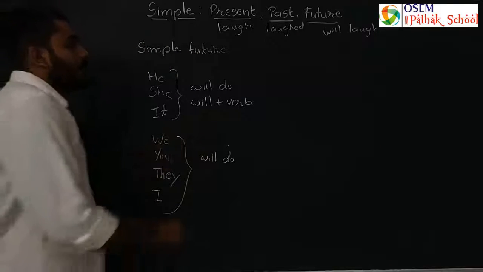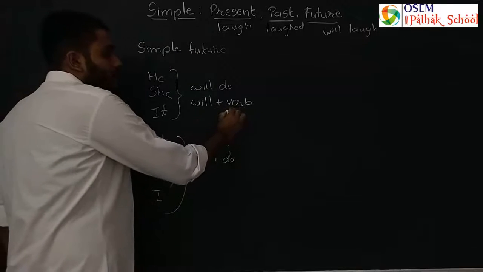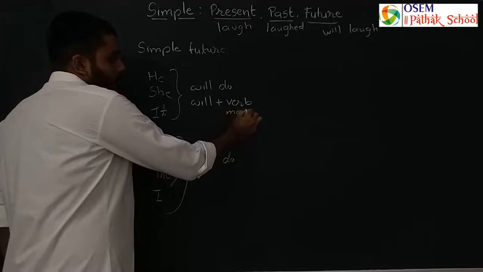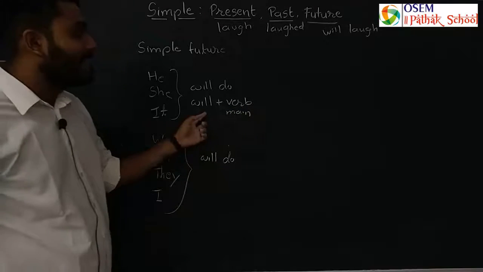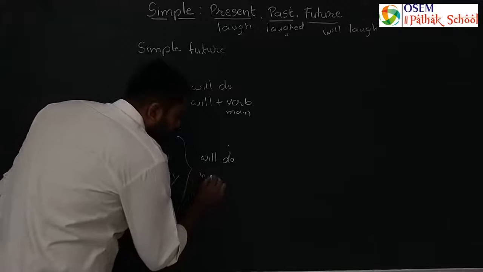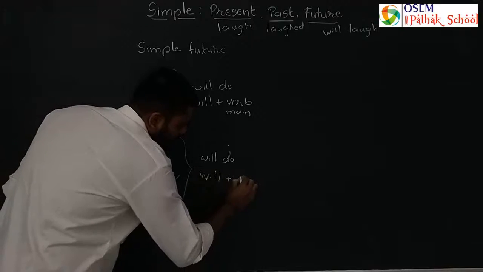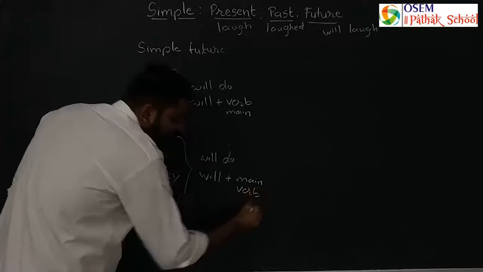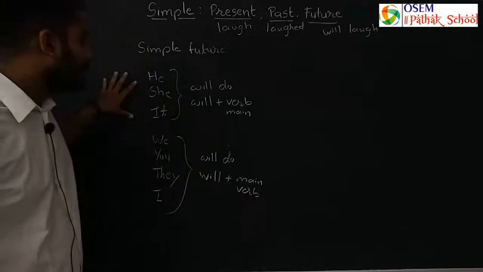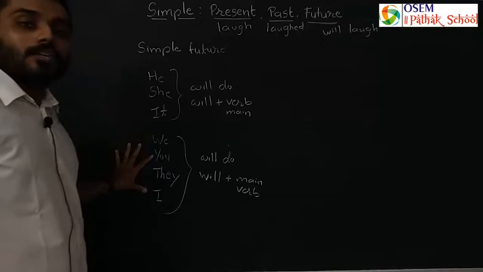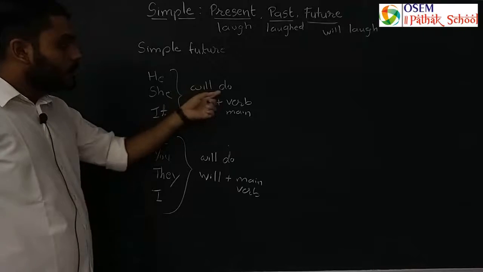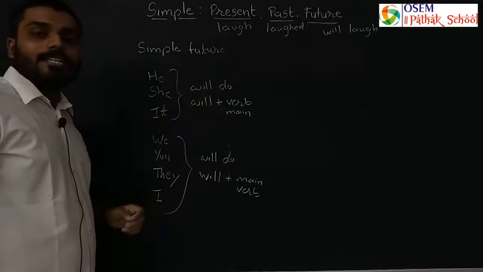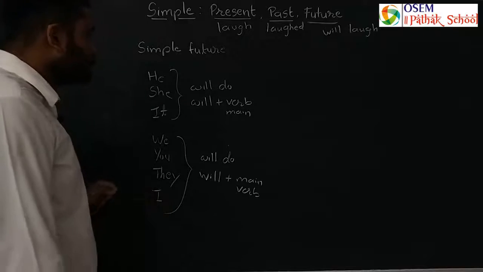So here we have to use will plus main verb. Here it will remain the same with he, she, it, and I, we, you, and they. Will do, then will plus main verb, right?